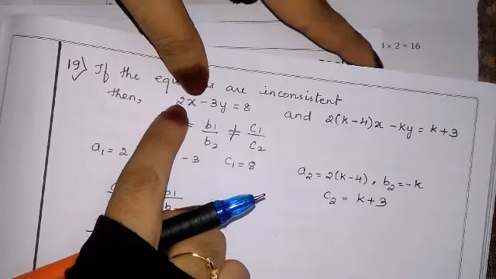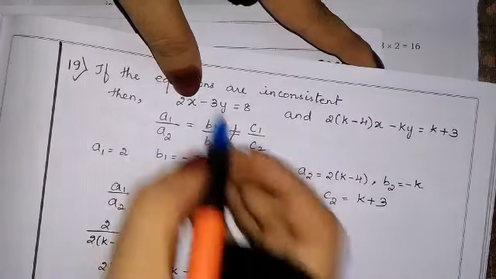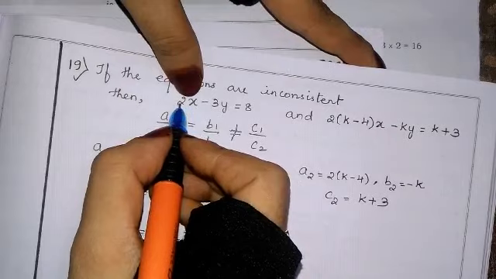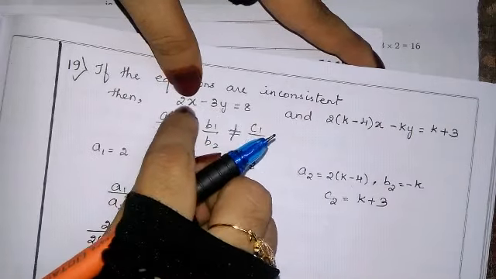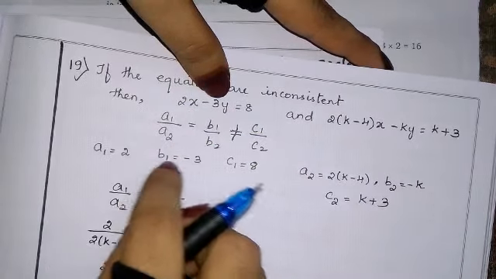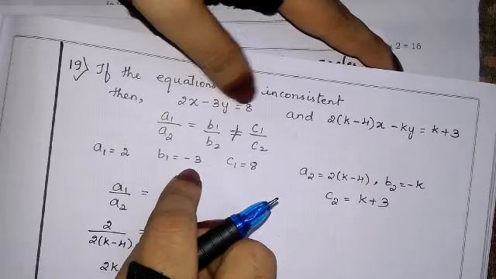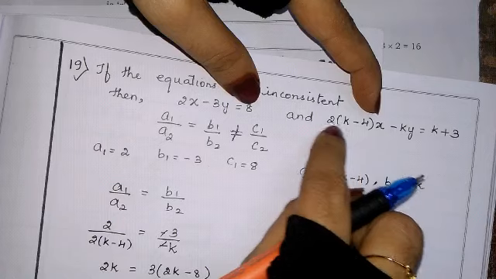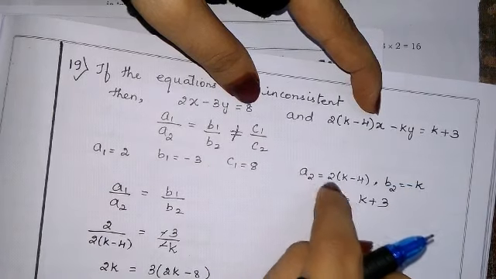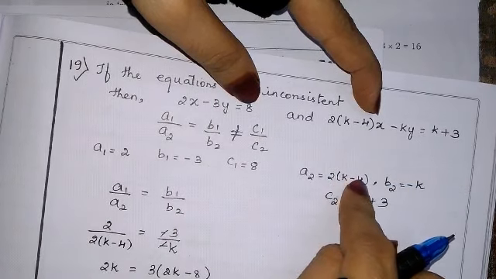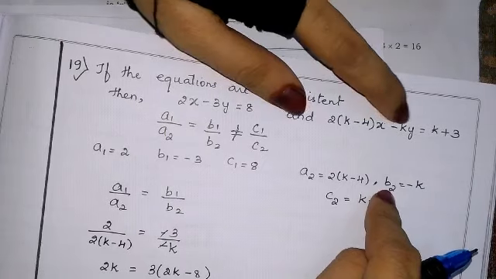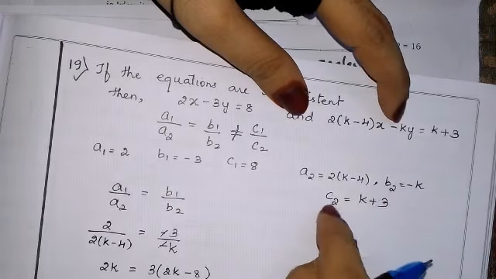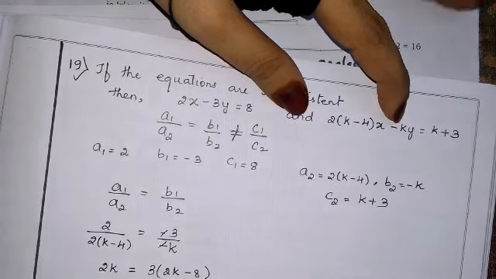Okay, in first equation a1 is 2. We should not take x because we should take only coefficient. a1 is 2, b1 is minus 3 and c1 is 8. In second equation leaving x, full term is a. a2 is 2 into k minus 4 and b2 is minus k and c2 is k plus 3.